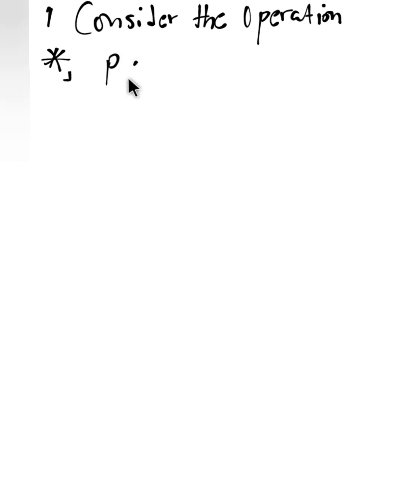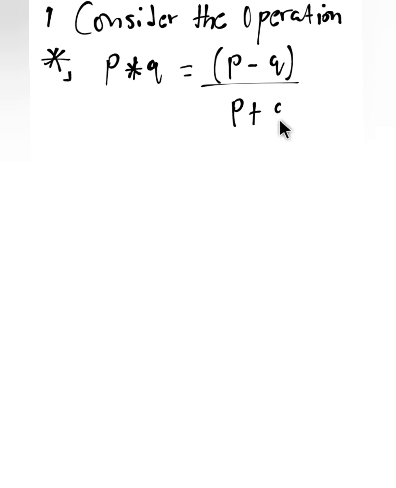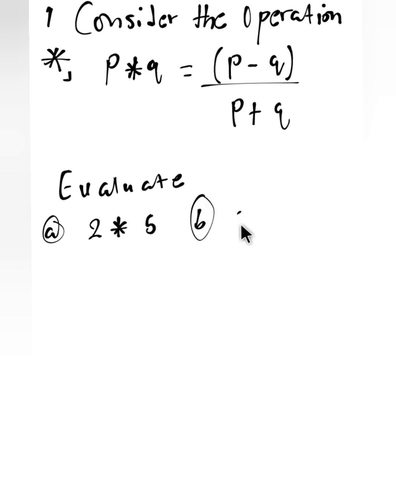P star Q is equal to P minus Q all over P plus Q. Now the operation is defined. You have to subtract both elements and divide it by the addition of both elements. Now, given this condition, evaluate A, 2 star 5, and B, 7 star 3.